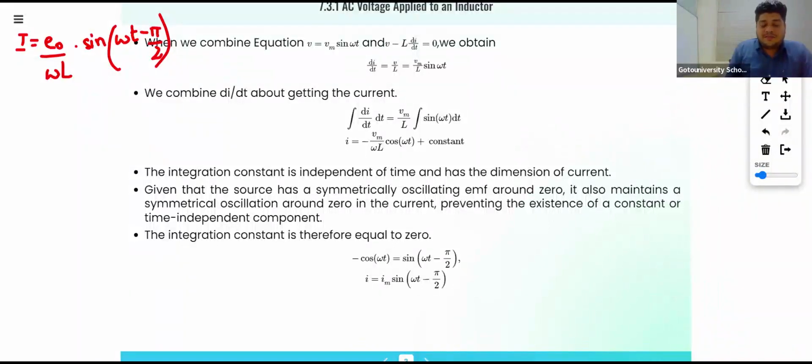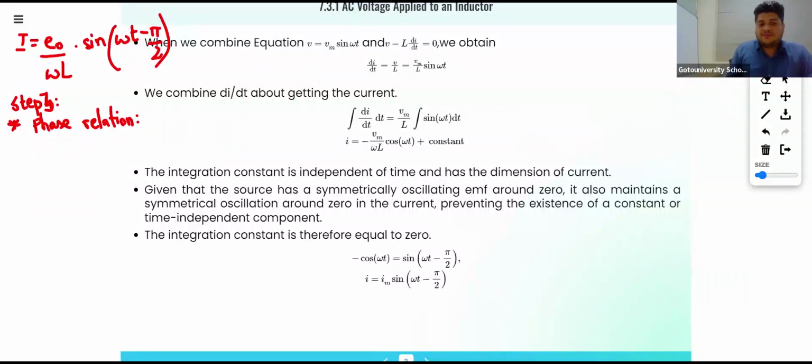Now the next step, step number 3. We have to find the phase relation first.